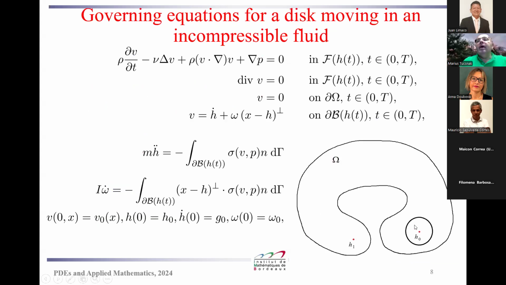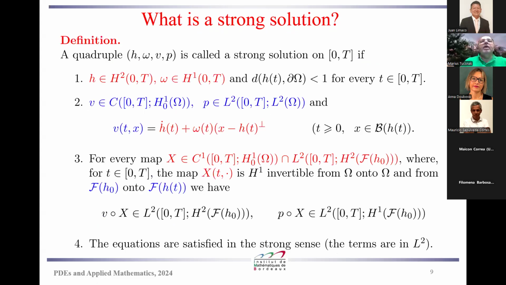So it's a possibility, but it is not the most practical one to do analysis, because the smoothness of capital X would depend on the smoothness of the velocity of the fluid. The change of variables we will see later on depends only on the motion of the solid, which is much smoother. So that's a point which technically is important.